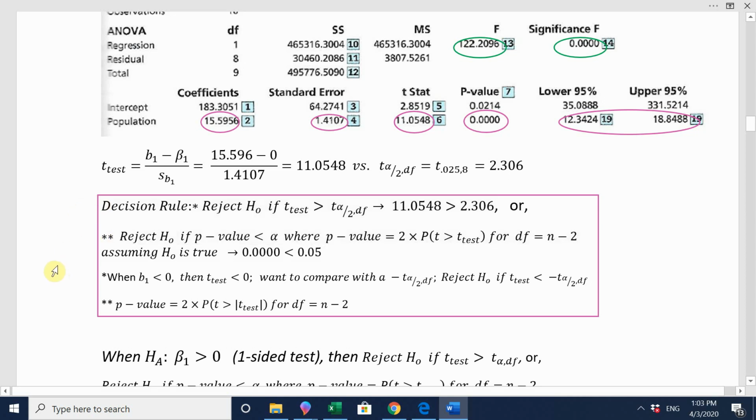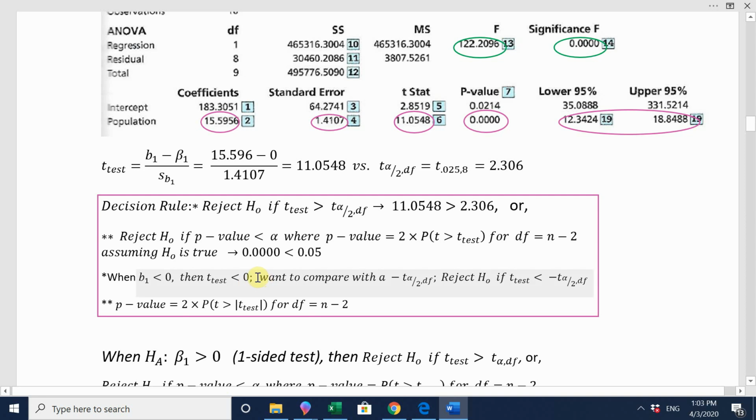Now here I just added a few little extra notes, and that is that sometimes this hypothesis test can be one-sided. It doesn't always have to be two-sided. So there are instances when we believe that in fact the slope is negative. And so the testing will be different, right?